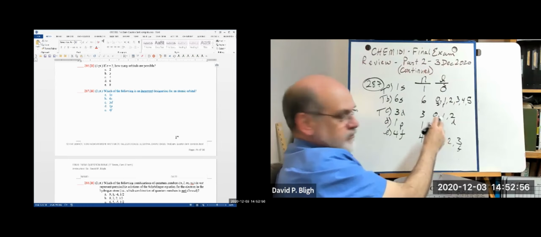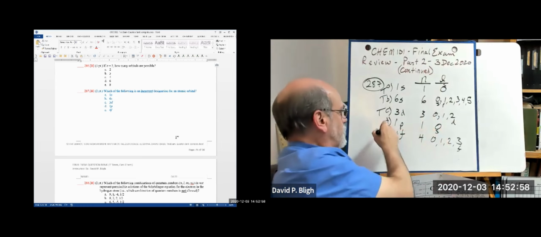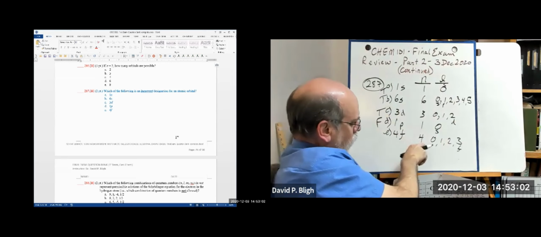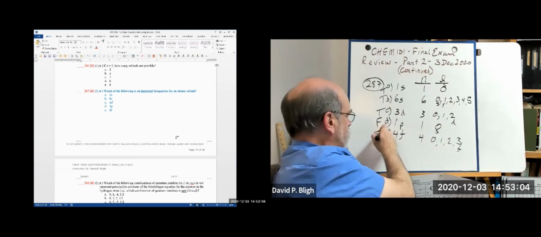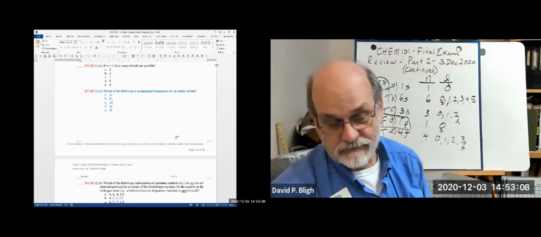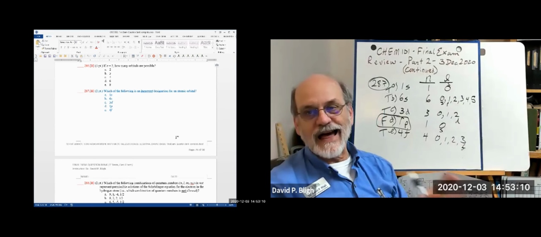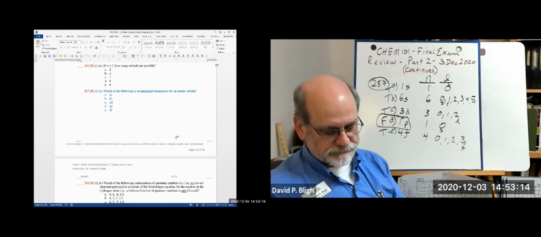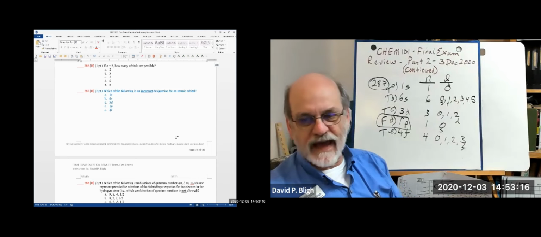Now that's S. There's no P for 1. So that's false. And 4f. 4, there's your F. That's true. So D is the wrong one. 1p is not allowed in the quantum mechanical atom.